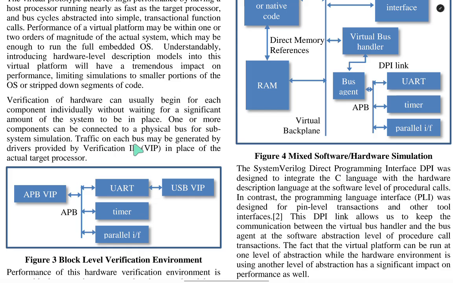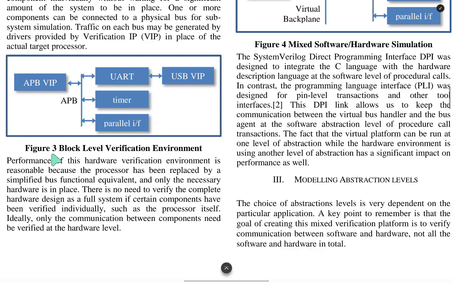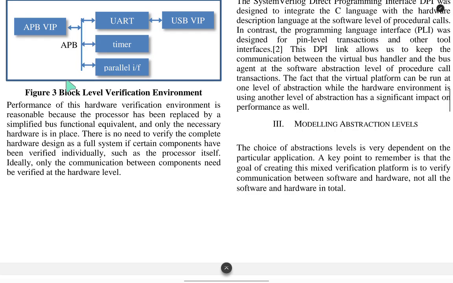Traffic on each bus may be generated by drivers provided via verification IP, or VIP, in place of the actual target processors. Figure 3. Block level verification environment. Performance of this hardware verification environment is reasonable because the processor has been replaced by a simplified bus functional equivalent and only the necessary hardware is in place.